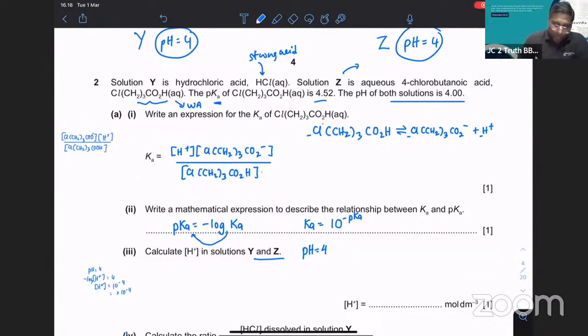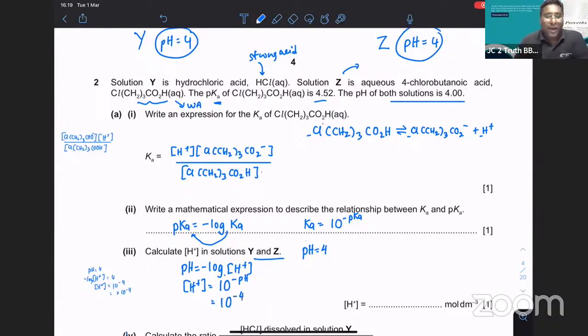Quite simple, because pH equals negative log concentration of H plus. So the concentration of H plus is going to be 10 to the power of negative pH, which is 10 to the power of negative 4.